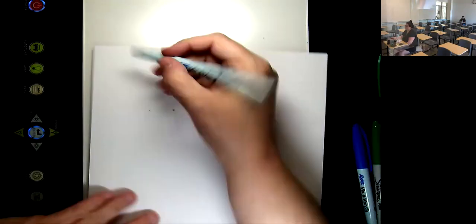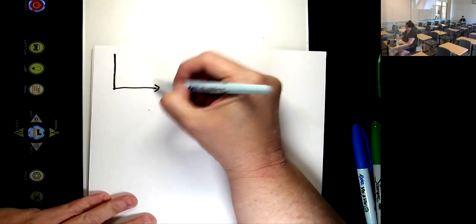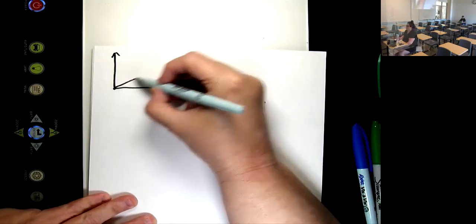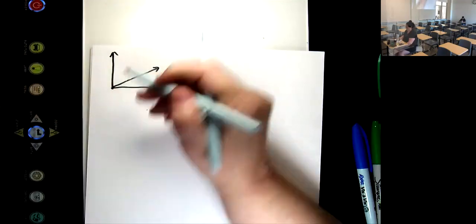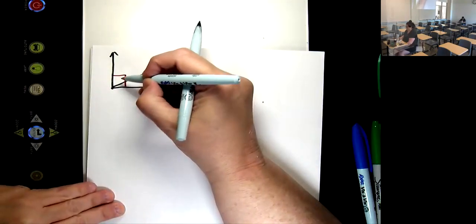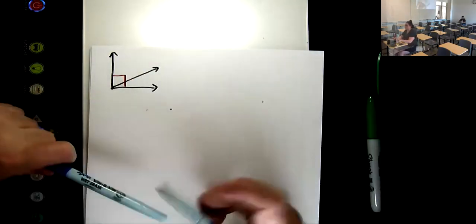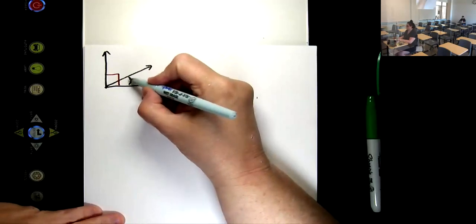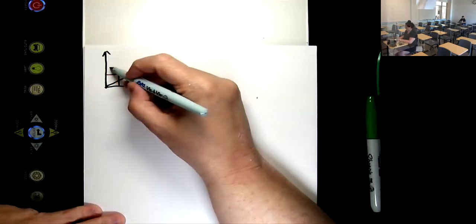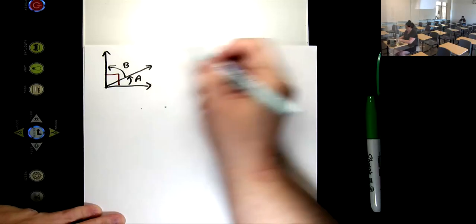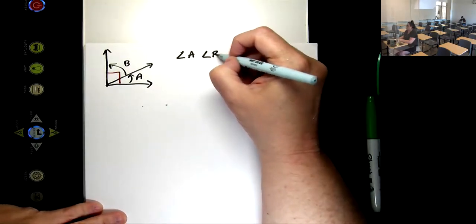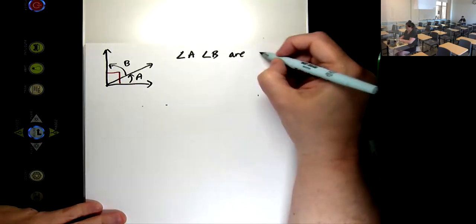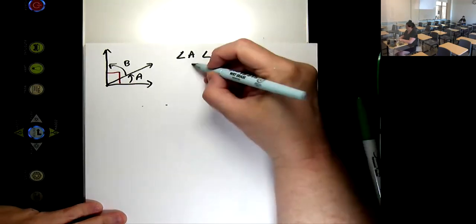So when we have two angles that make a 90-degree angle together, like this whole thing is a 90-degree angle. Let's call this angle A and we'll call this angle B. Angle A and angle B are complementary.